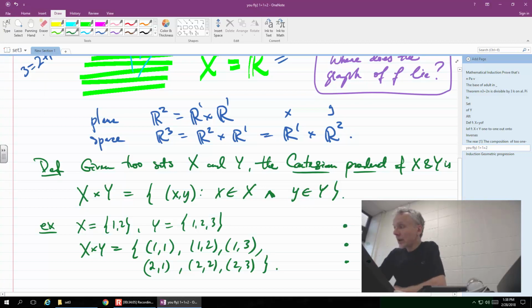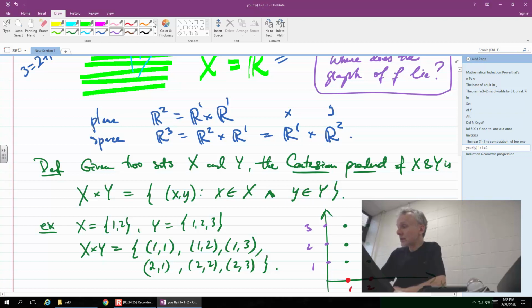You can place x on the x-axis, and you can place y on the y-axis. So if this is x, then the two elements that we have are 1 and 2. And I place y on the y-axis: 1, 2, and 3.